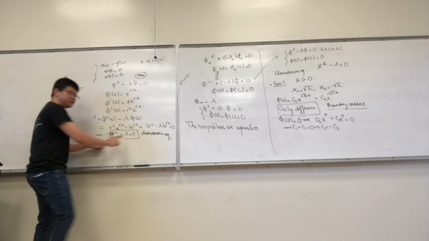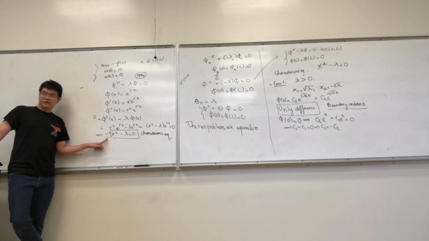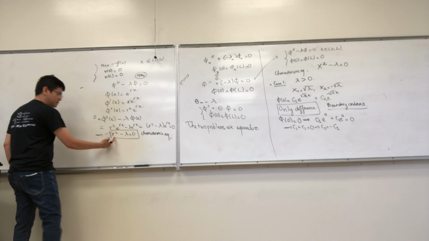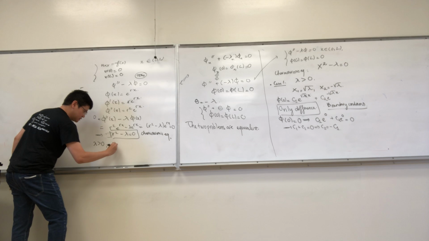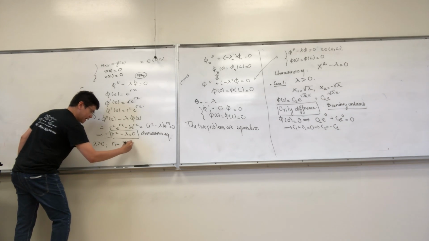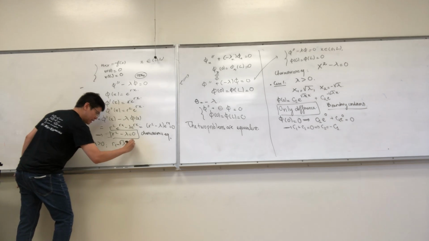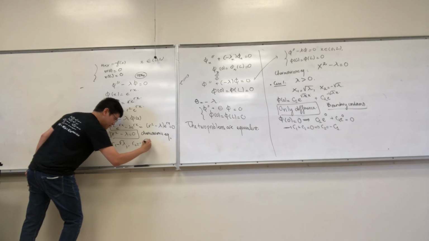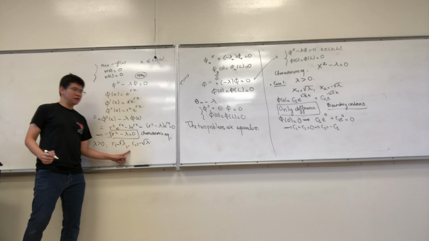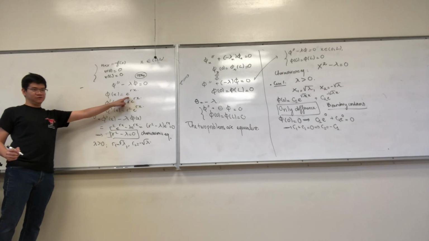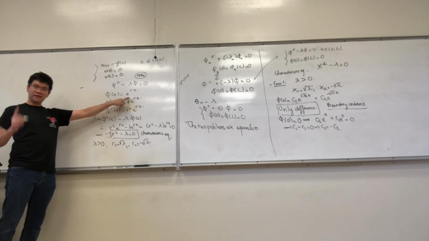So how do you solve this? You consider three cases, right? For the characteristic equation, if lambda is greater than 0, you have two roots: the first is square root of lambda, and the second one is minus square root of lambda. Now you take the two roots and plug them back. You get two solutions.